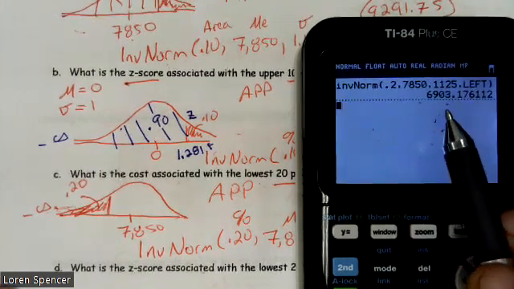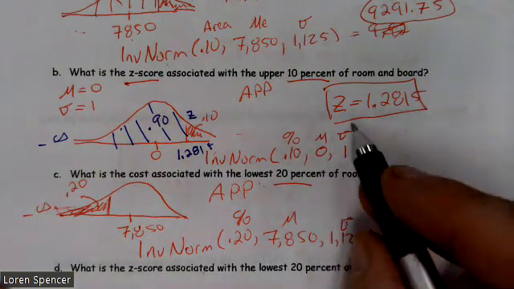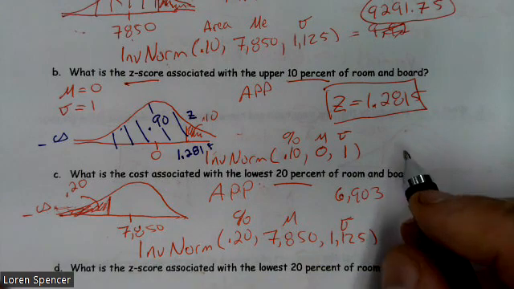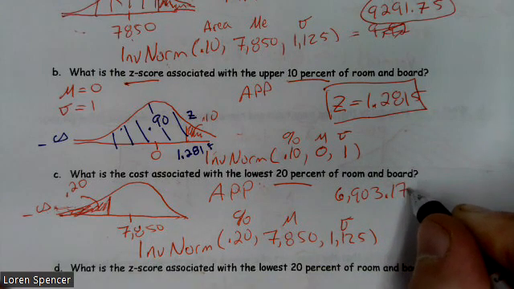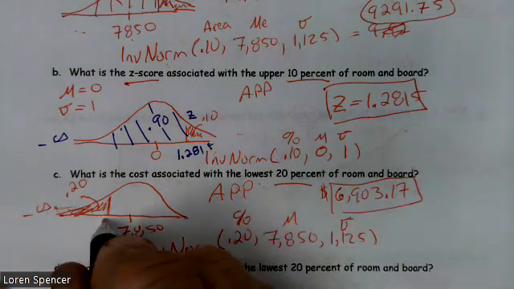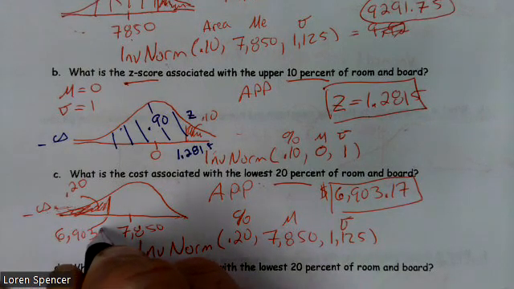And we end up getting $6,903. So my answer is $6,903.17. So 0.17. And that means this value right here is 6,903. That's what we found.